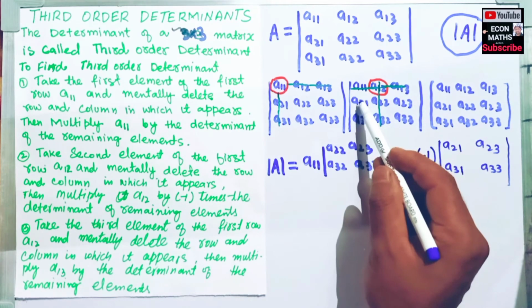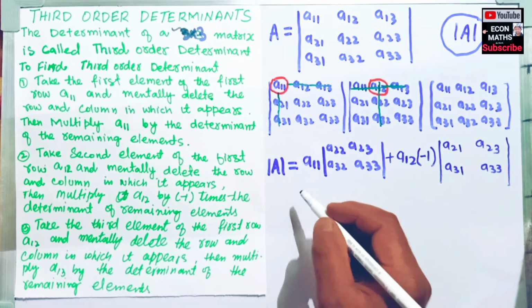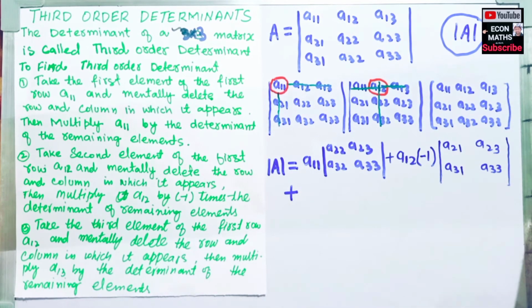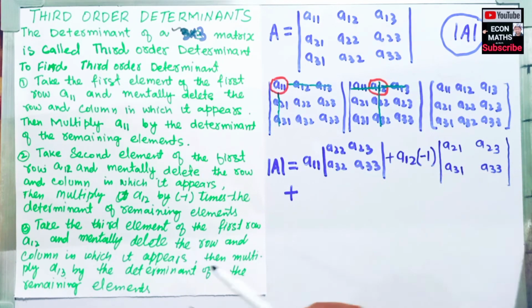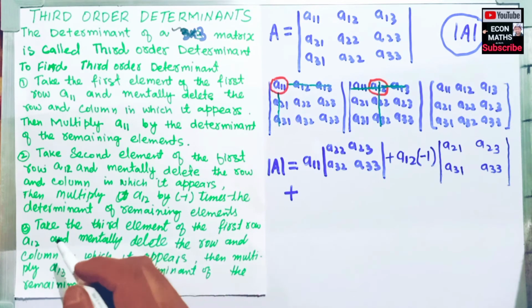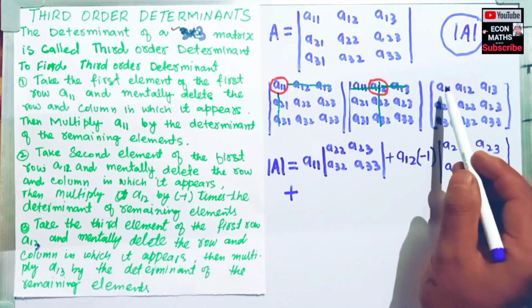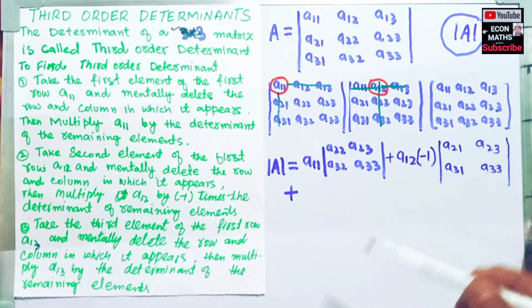Plus, we take the next step. Similarly we take the third element of the first row, A13.